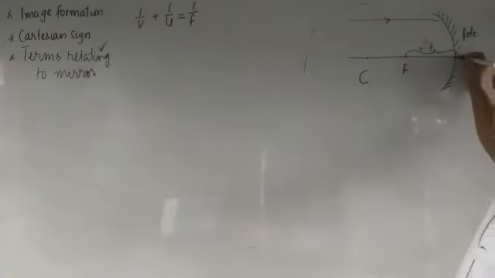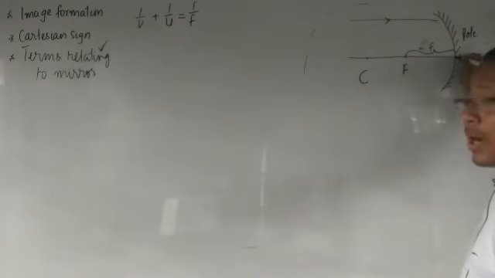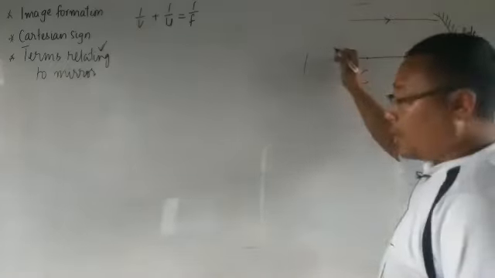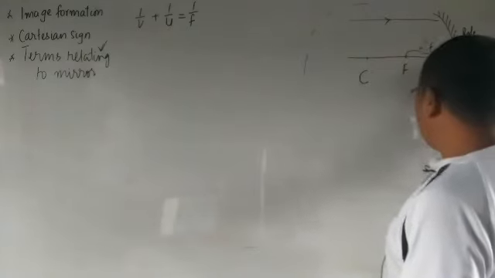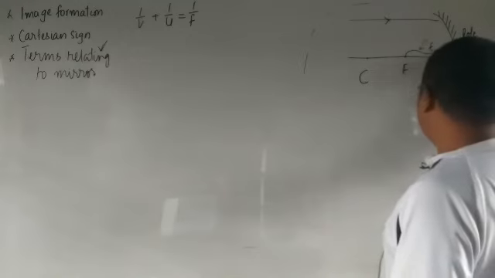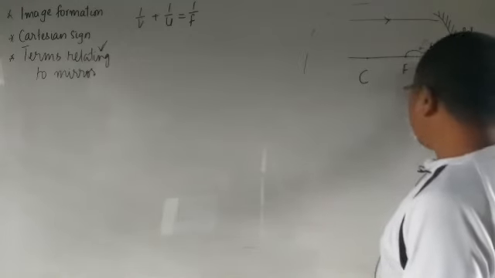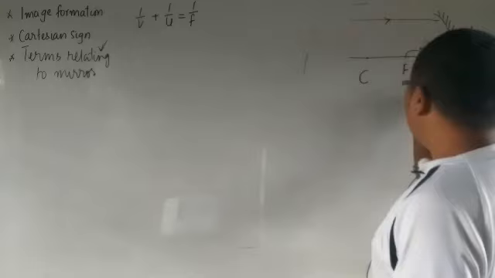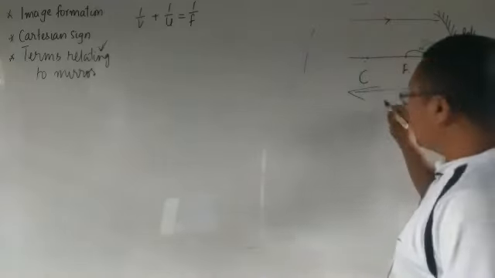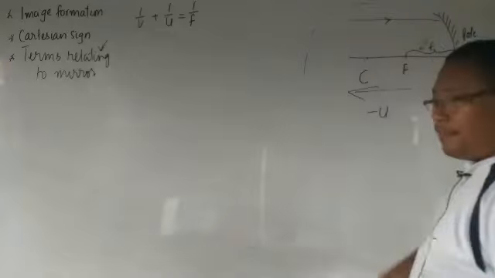Since the measurement starts from the pole, if it is against the incoming ray, on the left-hand side, for example OC, it should always bear a negative sign.